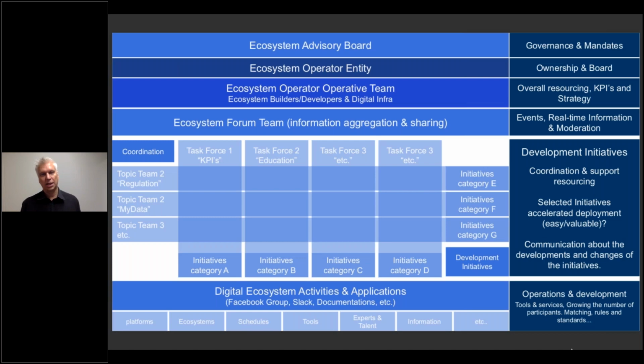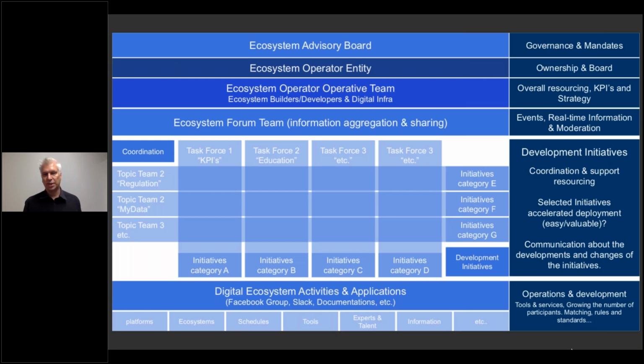So there is a structure to put in place to really look at how the governance should be organized in the local ecosystem setting. And unfortunately, or fortunately, many ecosystems have a lot of these pieces in place, some of the activities, but the picture is not complete.